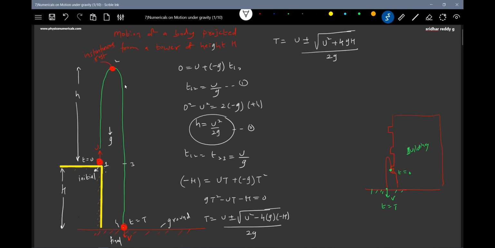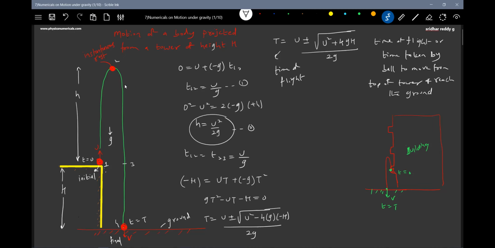This will be the time of flight, or the time taken by the ball to move from the top of the tower and reach the ground. Yes, it will come and strike the ground after a certain time. This is called the time of flight.